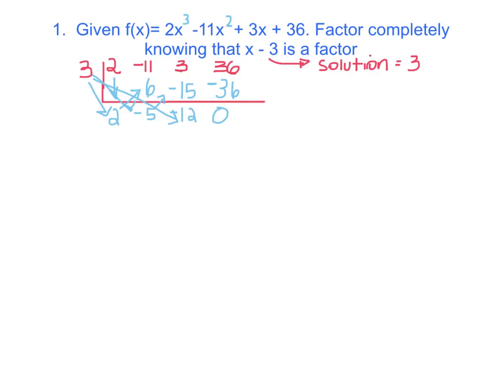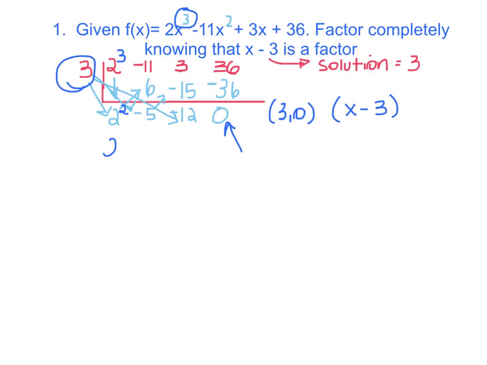If this ends up to be 0, that means I have the point 3, 0, because I divided by 3, on the graph, which means x minus 3 would be a factor. When I take this x cubed from the polynomial and divide by x, this now becomes x squared. So what this gives me is 2x squared minus 5x plus 12 left to factor.